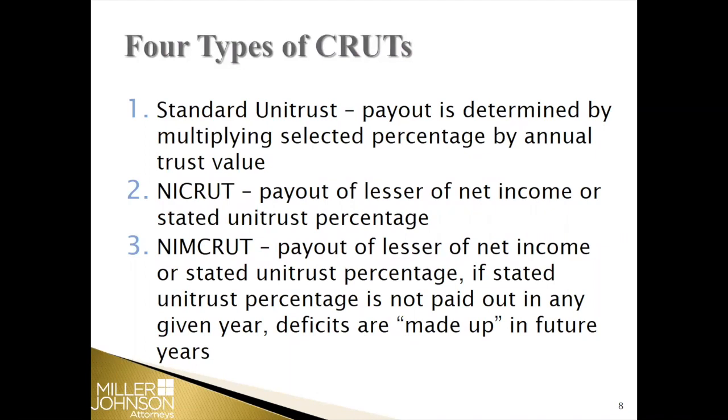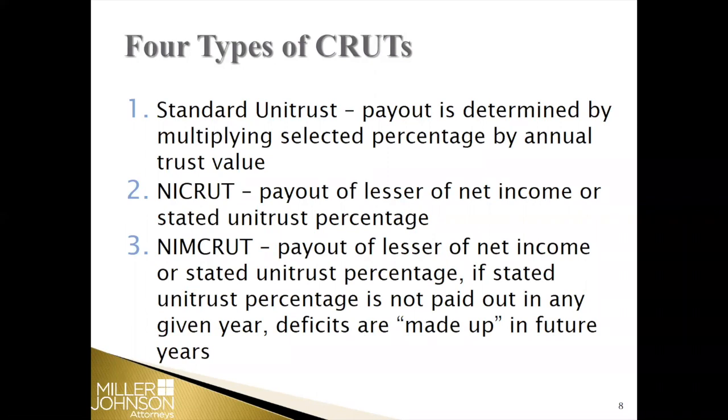But there is one rule that you have to be aware of. It's called the 10% minimum remainder interest rule. The reason that was put in place is that Congress didn't want people setting up these trusts and transferring assets into the trust and then just stripping out all of the income without leaving a remainder gift to charity.